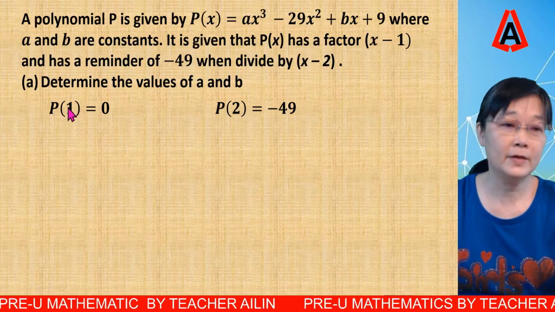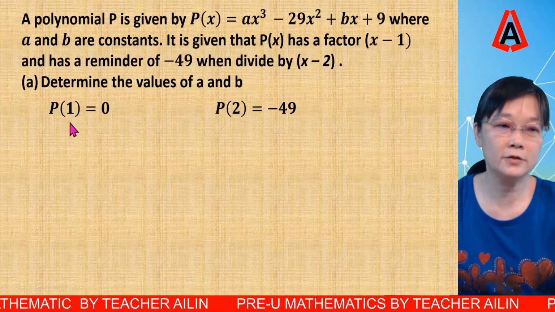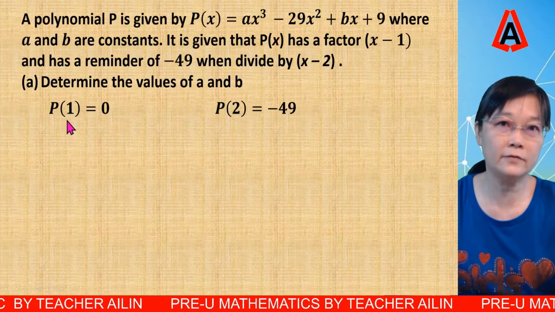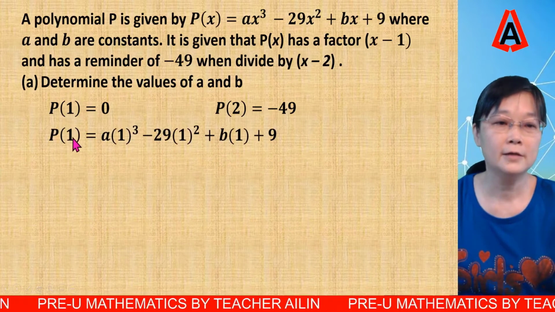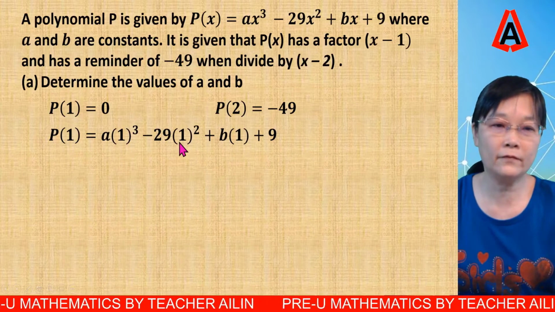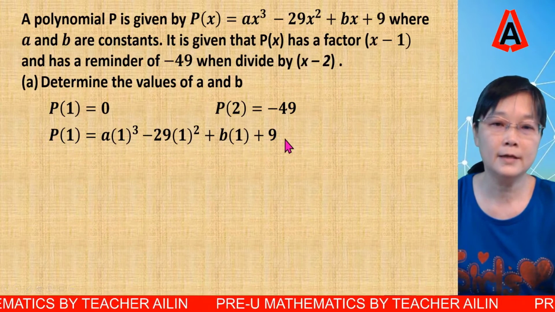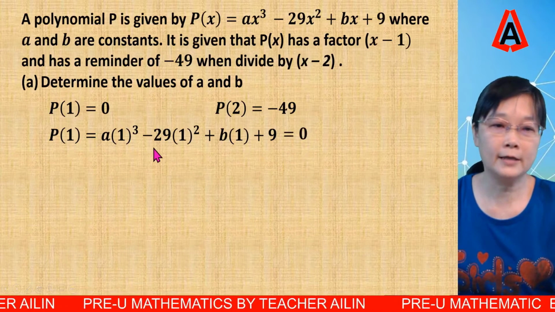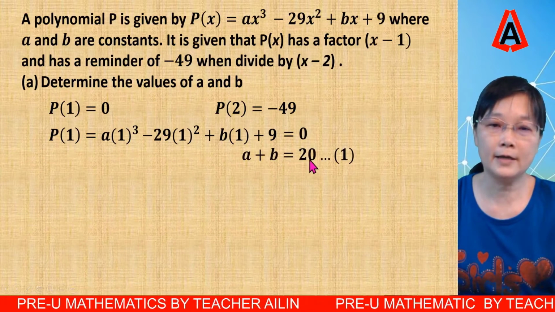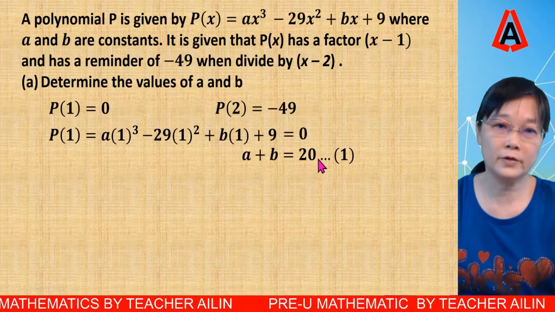From the first information, we are going to substitute the value of x with 1 into the polynomial. So when I substitute x with 1 in the polynomial, then I should get 0. When I simplify, now I get a linear equation.